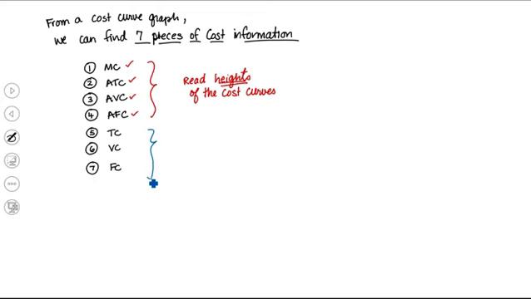But 5, 6, and 7 are a little bit more challenging to observe on the graph because these are going to be represented as areas on the graph.